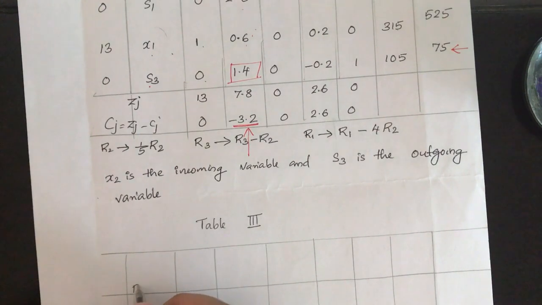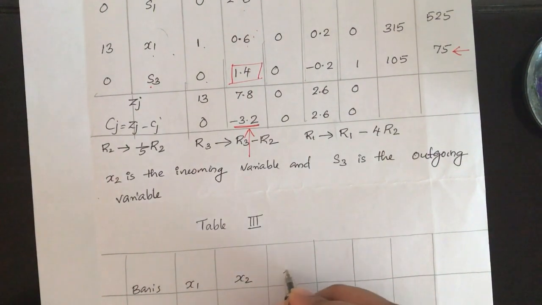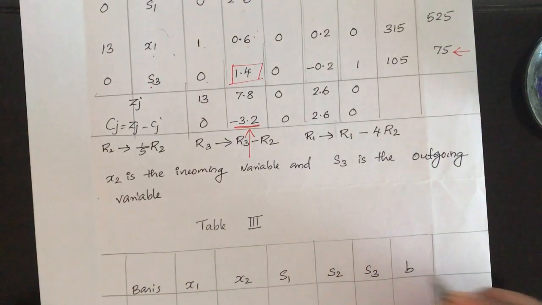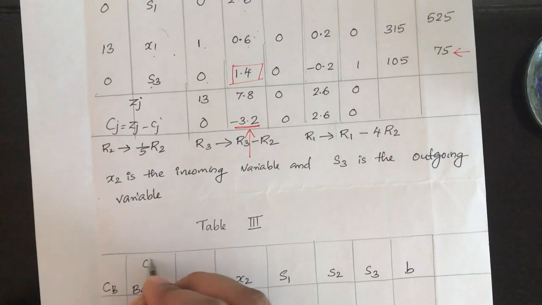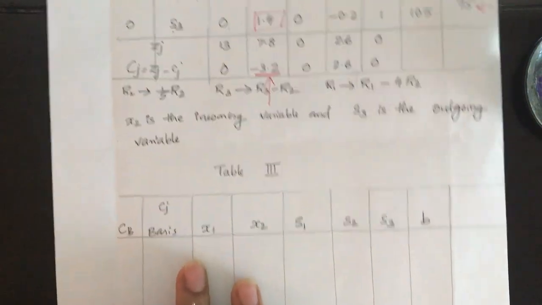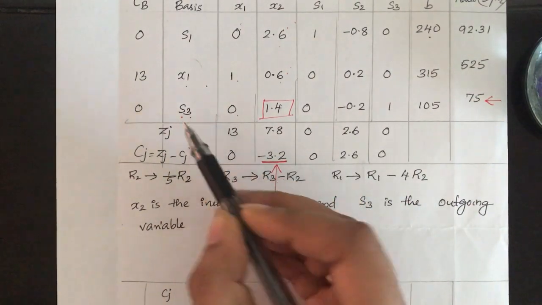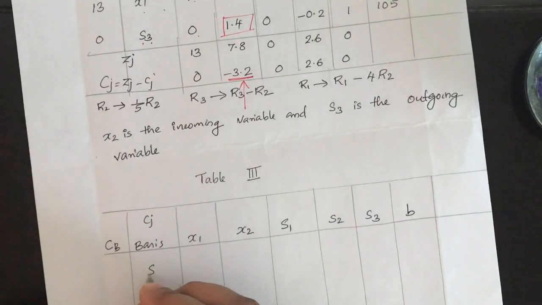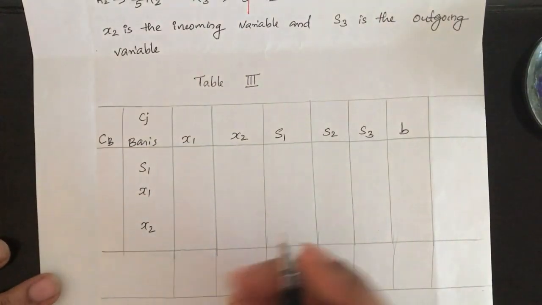Here also base is x1, x2, s1, s2, s3, b, and cb values and cj values. In the basis, who goes from the base? S3 goes from the base. In that place who comes? X2 will come there. So base is S1, X1, X2. Basic variables are these three.